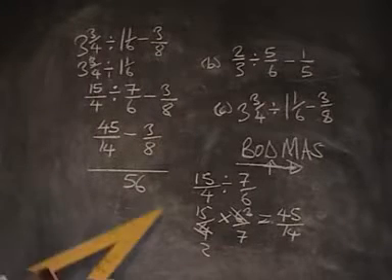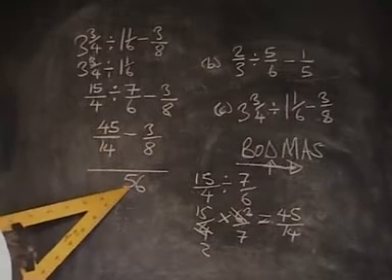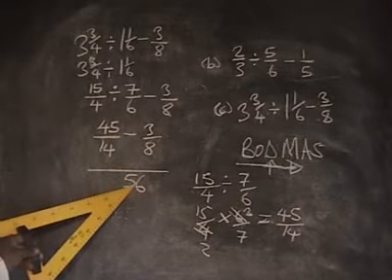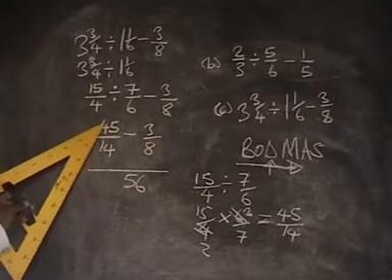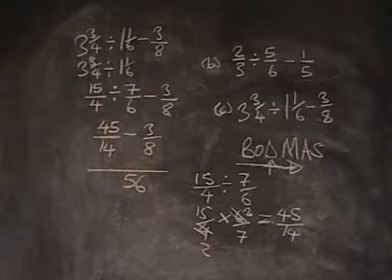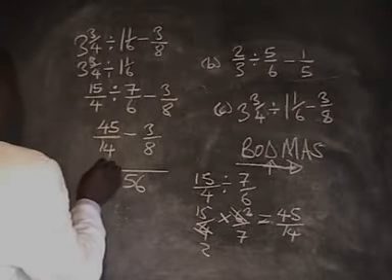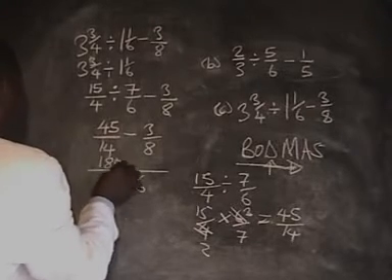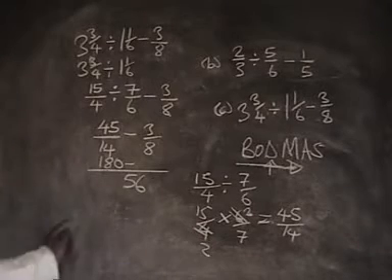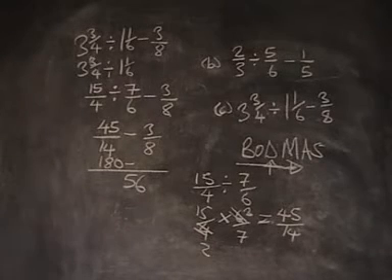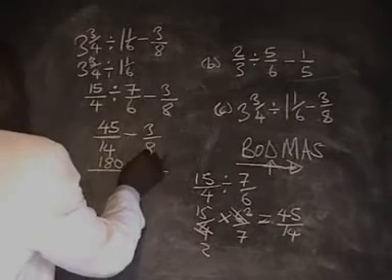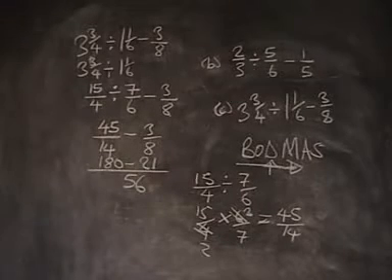You find that when you divide 14 into 56, it is going to divide 4 times. Then 4 multiplied by 45 is going to be 180. Then minus, 8 into 56 is going to be 7. 7 times 3, you get 21.